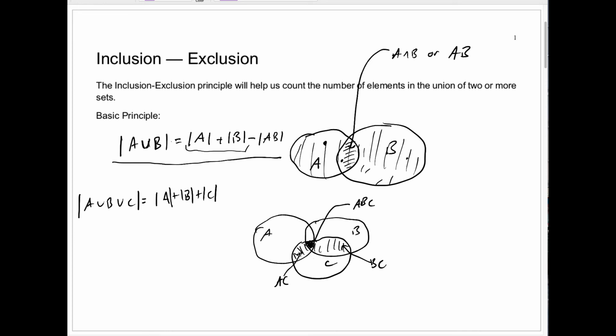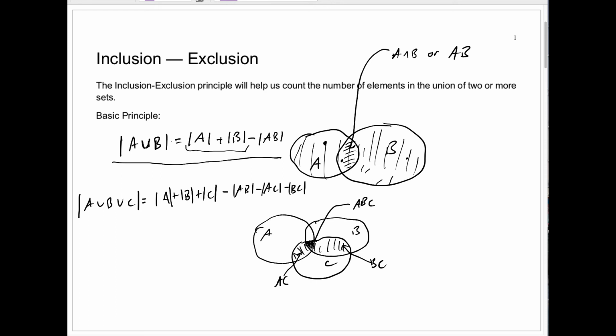So I would have to eliminate that, remove one of them so that things in here are counted properly. Things here in BC have been double counted. Things here in AB have been double counted. So I should eliminate AB, AC, and BC.